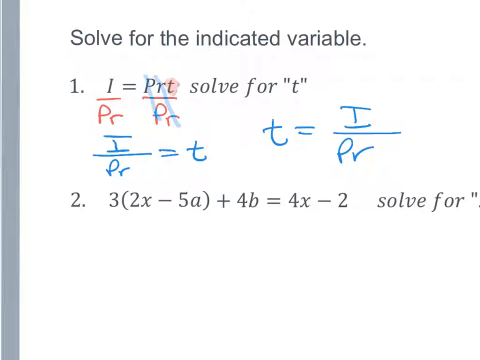Just rewrite it with the variable on the left. So all we're doing is moving the letters to the other side away from our indicated variable that we're solving for by using inverse operations.